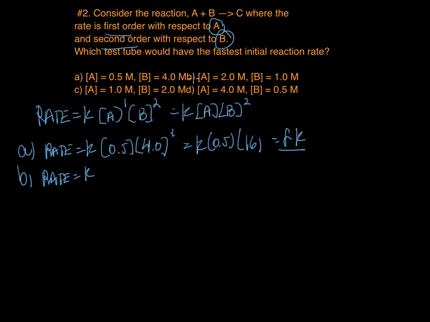For B, over here on the right, we've got A is 2. B is 1.0. Okay. So we have K times 2 times 1 squared. 1 times 1 is just 1. 2 times 1, so that's 2K. That's definitely lower. For C, we've got 1 and 2.